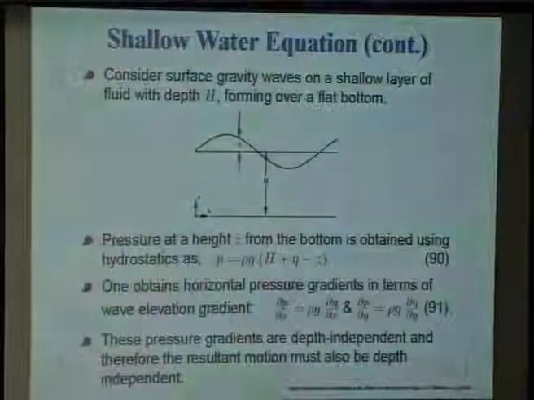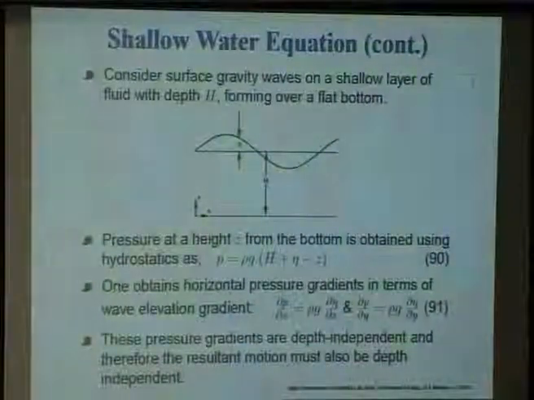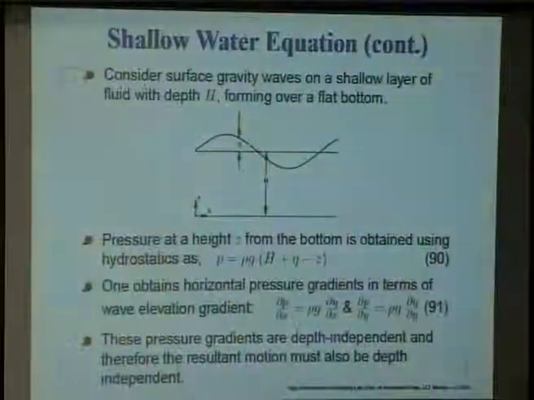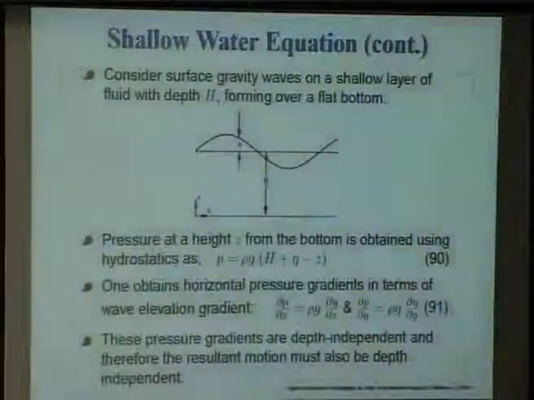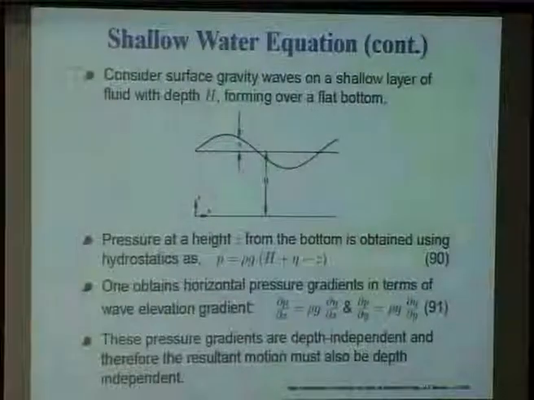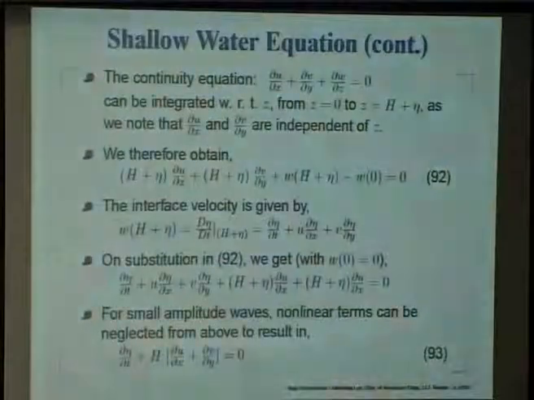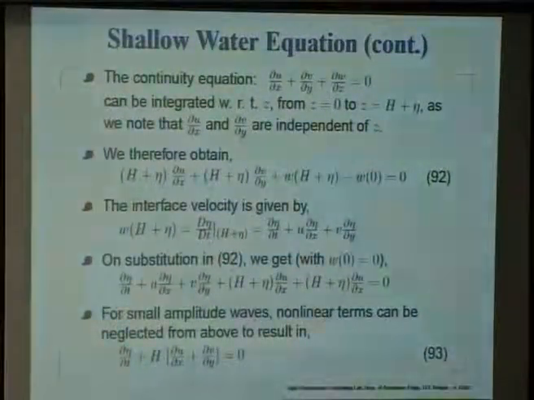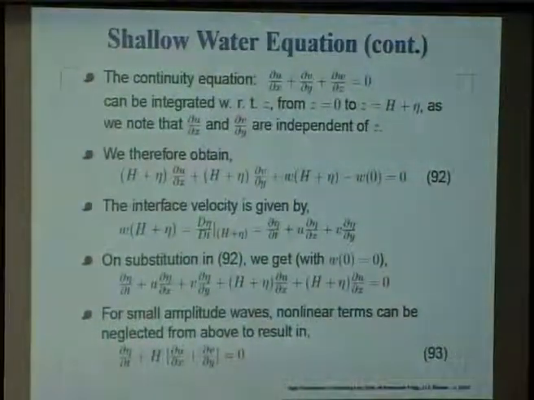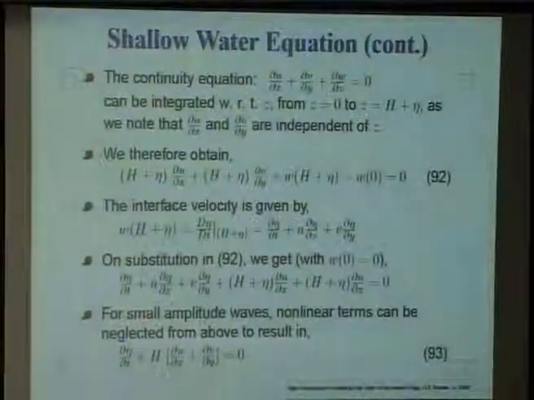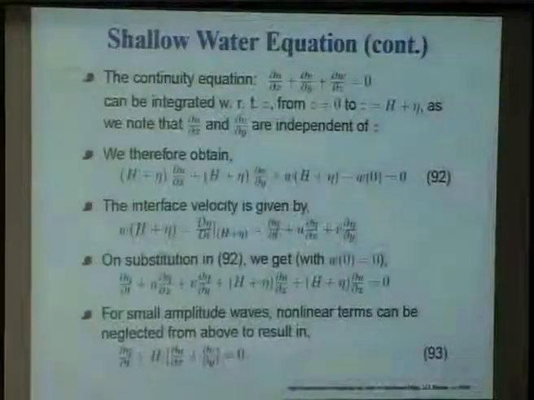Now, these pressure gradients are of course depth independent, right. They do not depend on z, and so what we say that if the motion is created triggered by such pressure gradient, such motions also will be depth independent. So, this is the cardinal assumption of shallow water wave equation, and then what happens is we could integrate this equation, the continuity equation with respect to z, from z equal to 0 to z equal to the displaced portion.